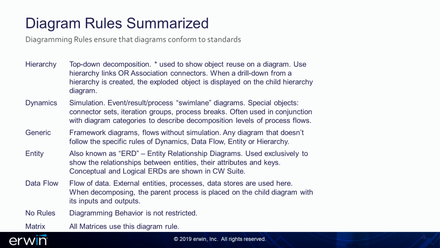And when you decompose, the parent process will be placed on the child diagram with all the inputs and outputs automatically recreated. The no rules option has no diagramming behavior restricted, and usually I use one of the actual rules. I don't generally create diagrams without any rules. And then the matrix is used for the creation of matrices.